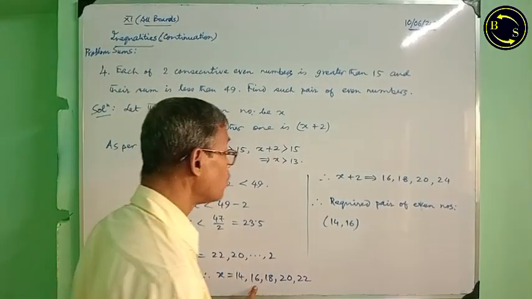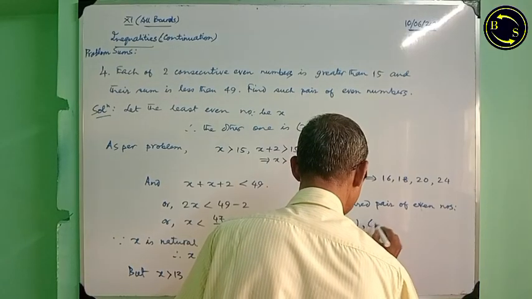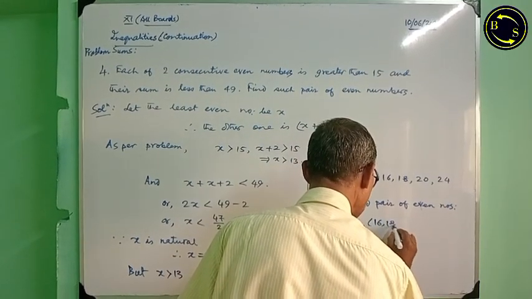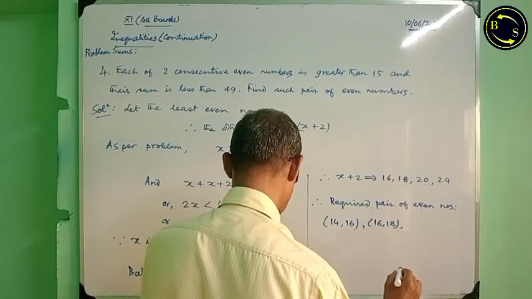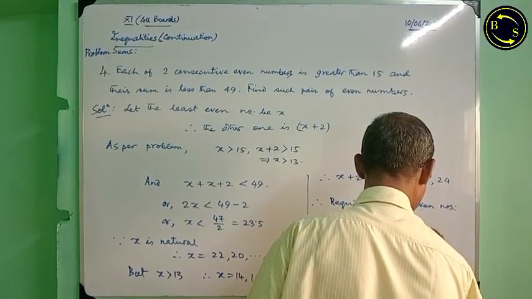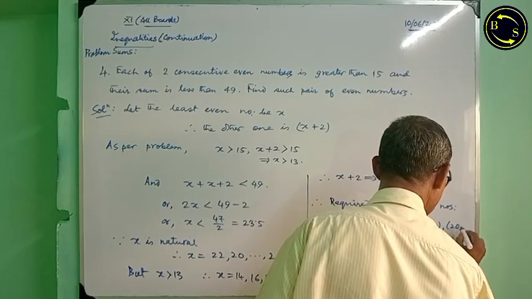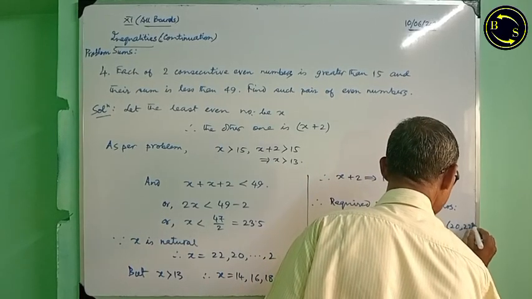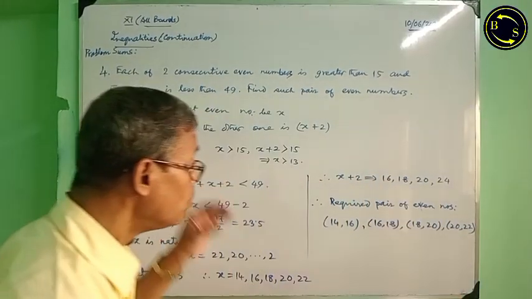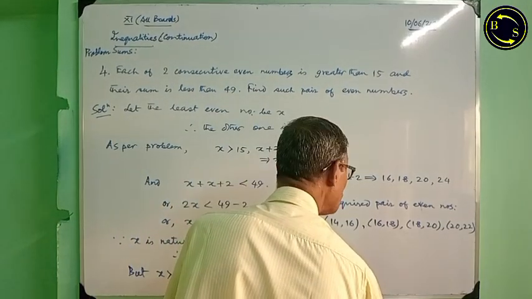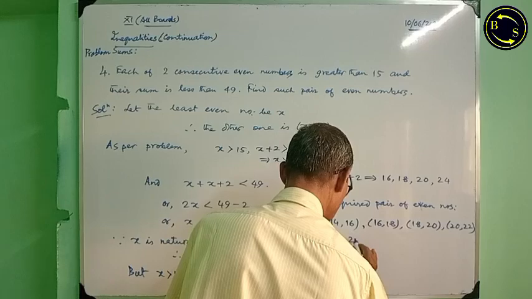Therefore, that pair is acceptable. 16, 18, then 18, 20, 20, 22, 22, 24.